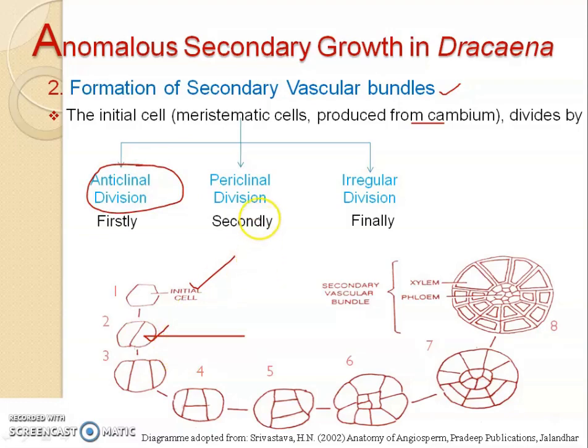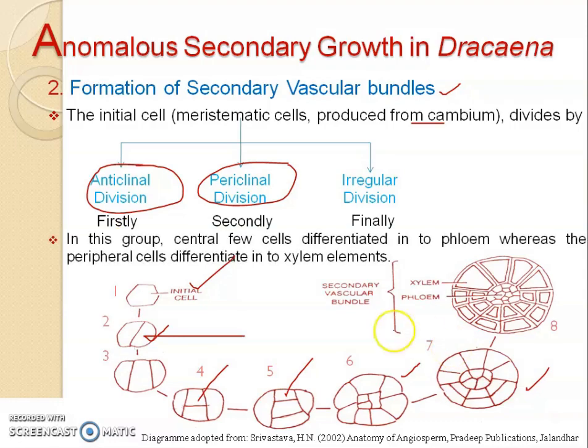Then secondly, it divides by periclinal division. Then finally it divides irregularly. So this initial cell firstly divides by anticlinal, then periclinal, and finally irregularly.